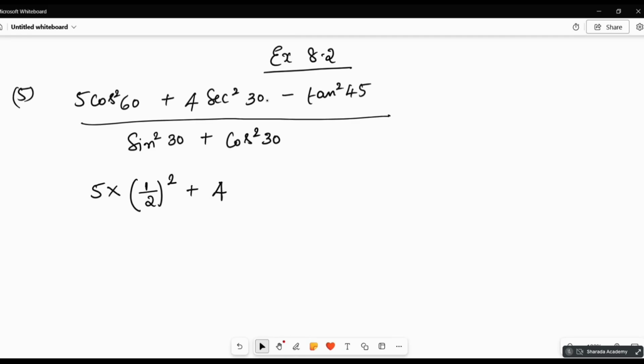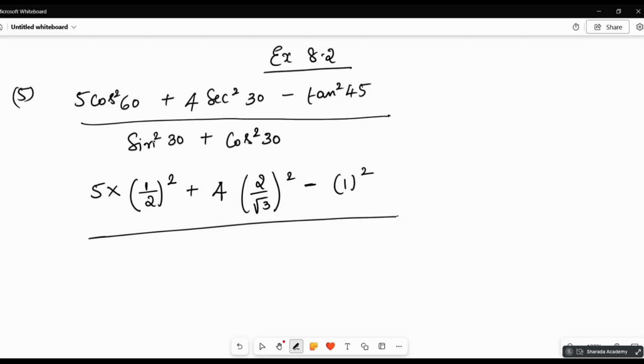Secant is a reciprocal of cos, so it is cos 30 reciprocal, which is 2 by root 3, whole square, minus tan 45 is 1, so 1 square, divided by sin 30 square. Sin 30 is 1 by 2 whole square, plus cos 30, which is root 3 by 2, whole square.